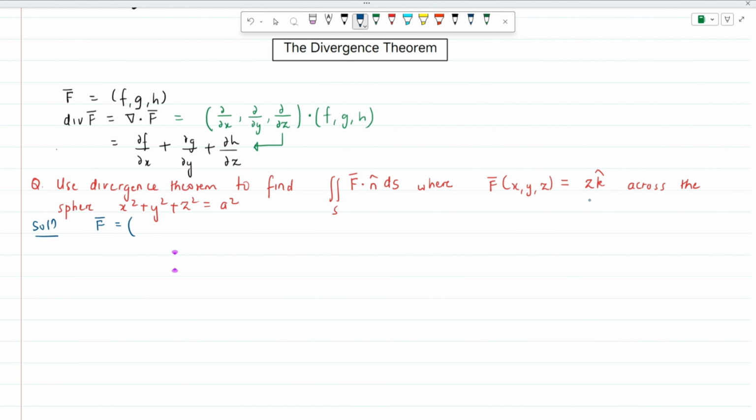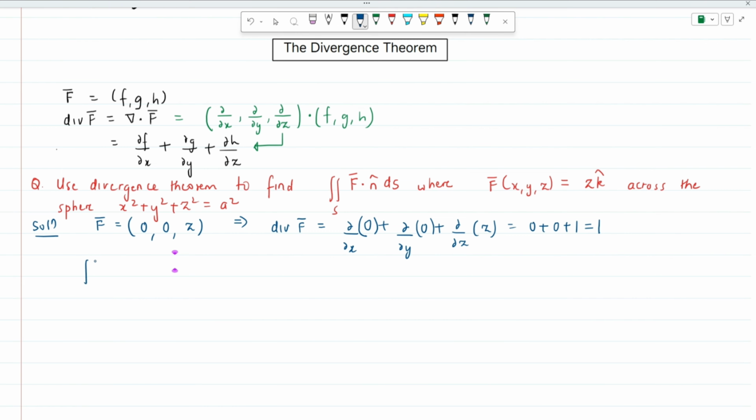Since the i hat and j hat components are missing, F bar can be expressed as 0, 0, z, and therefore the divergence of F is going to be the partial derivative of the first component, which is 0, with respect to x, the partial derivative of the second component, which is again 0, with respect to y, and the partial derivative of the third component, that is z, with respect to z. So this is going to give us 0 plus 1, and that is 1. Thus the divergence of F is 1.